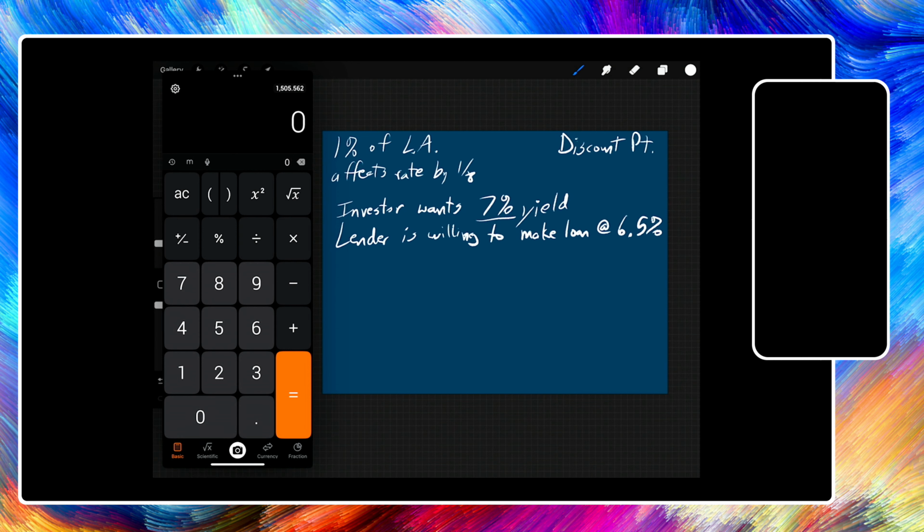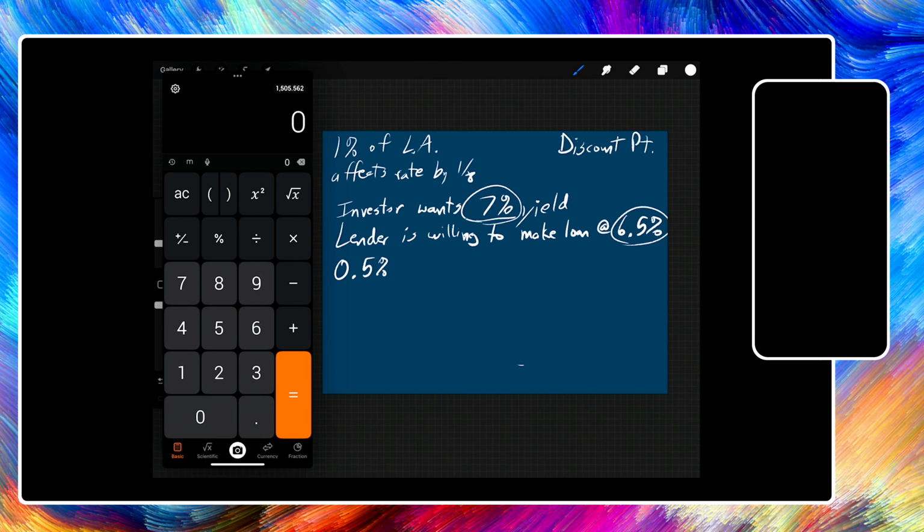So if they structure the question like this, you're going to realize, oh, okay, so we've got a spread or a differential of 0.5%. We need to buy the rate down by 0.5%. So how much will it cost to get that rate down?